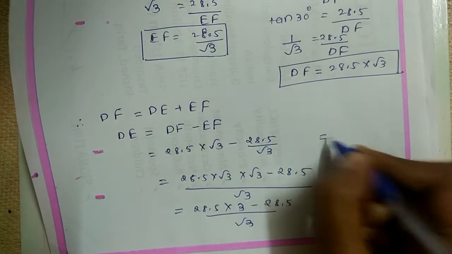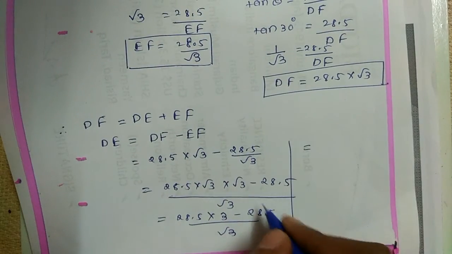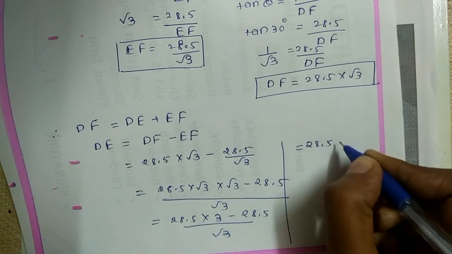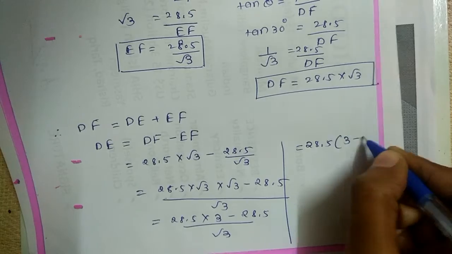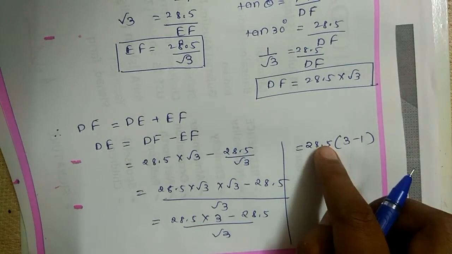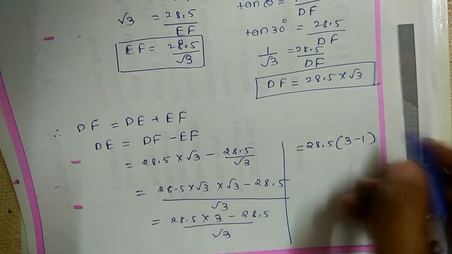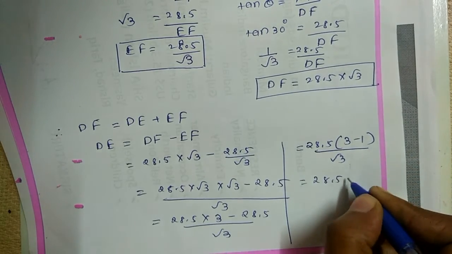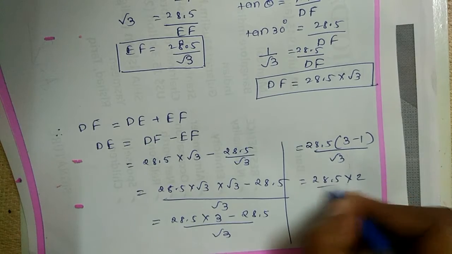So here further I'll solve. So take 28.5 as common. So in bracket you will have 3 minus 1, divided by root 3. So this is 28.5 into 2 upon root 3.